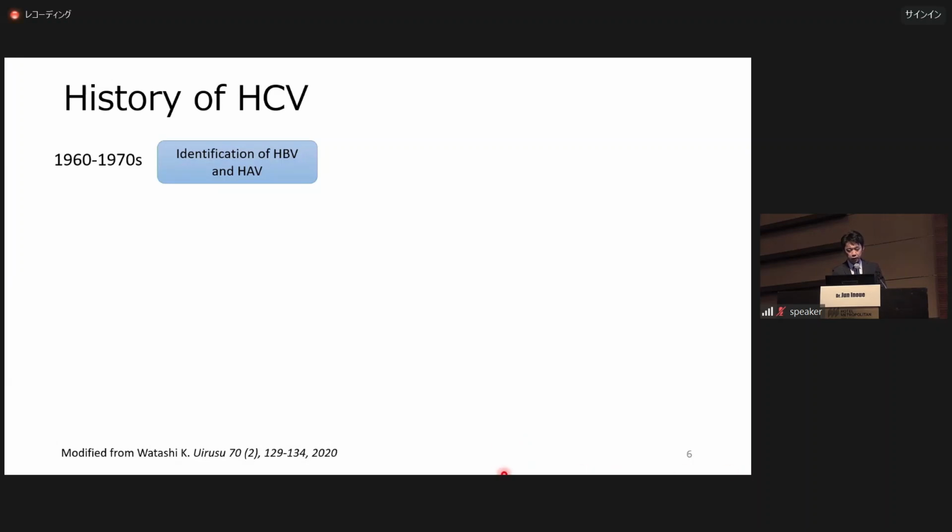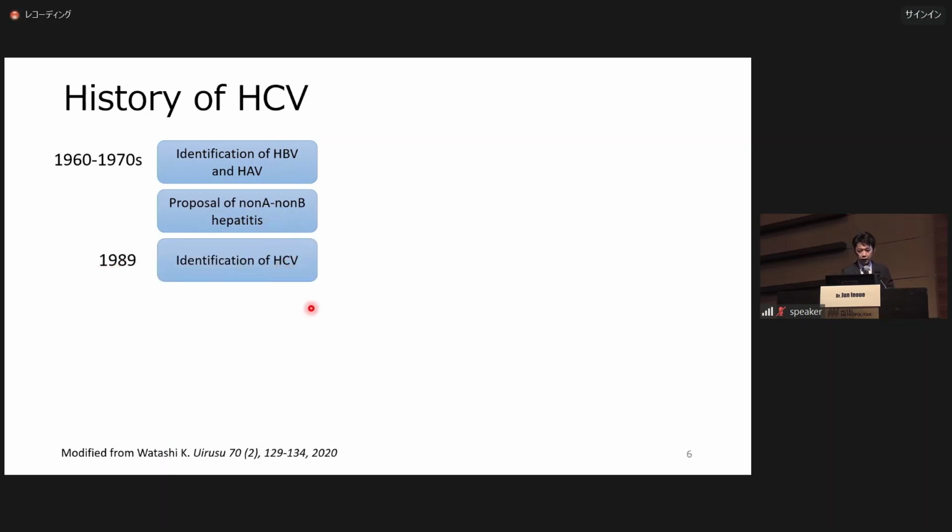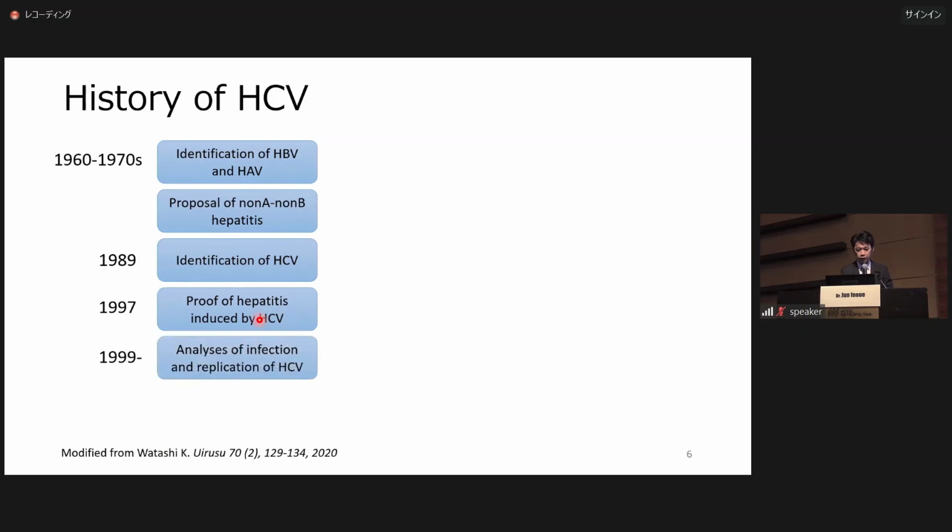This is a history of HCV. In 1970s, HBV and HIV were identified, and non-A, non-B hepatitis was proposed, and in 1989, HCV was identified. And hepatitis induced by HCV was proved.